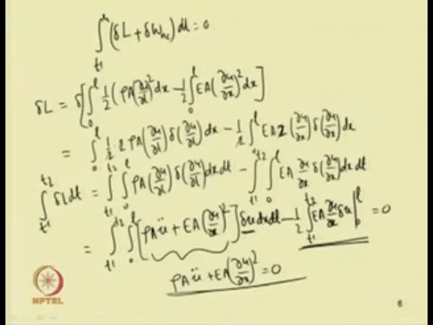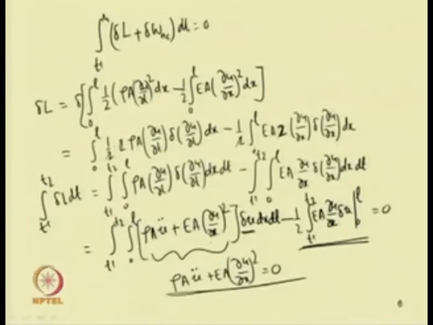Similarly, one can derive the equation of motion for other similar equations, and the advantage of using this Hamilton principle over the Lagrange principle or Newton or D'Alembert principle is that, in addition to getting the equation of motion, one can get the boundary conditions also.